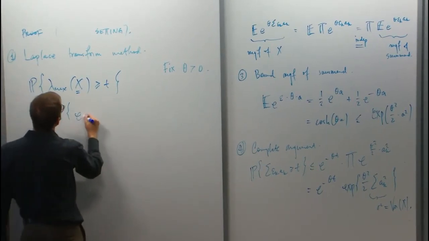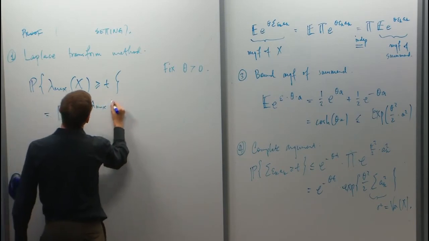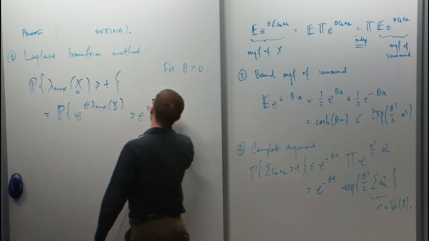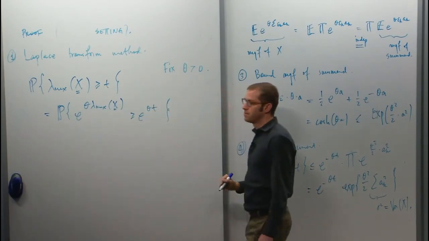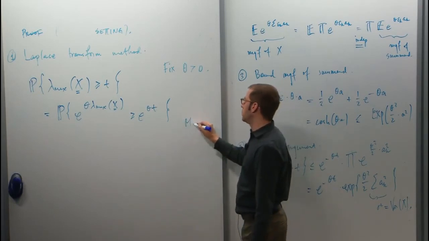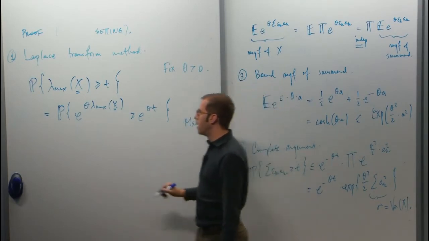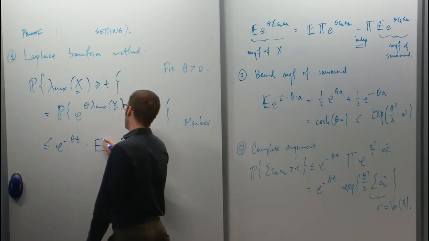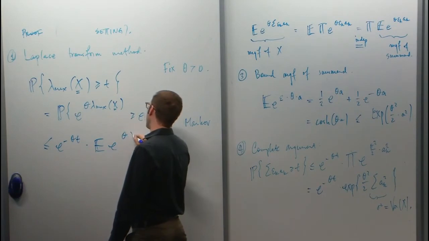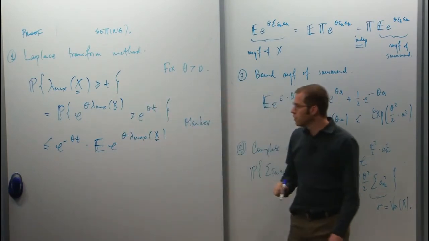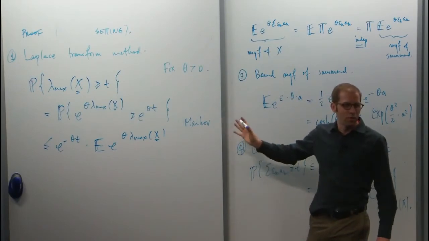The probability that e to the theta lambda max of X is greater than e to the theta t is exactly the same event, so the probability is the same. Now we're going to apply Markov's inequality, and we reciprocate the level, and we have the expectation of e to the theta lambda max of X. And this is exactly what we did before.